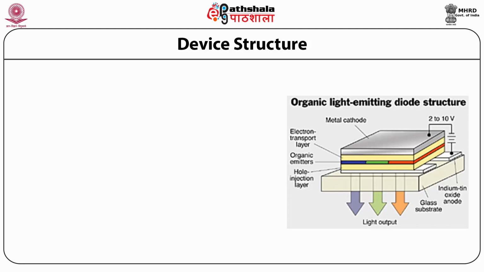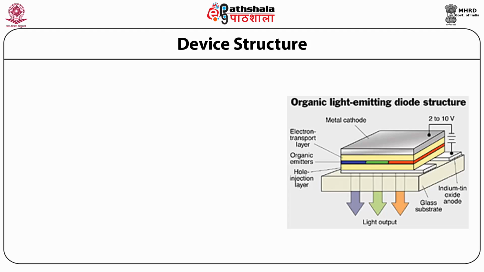The stack of organic layers typically consists of a hole injection layer to facilitate the hole injection into the emissive layer, a hole transport layer, an emissive layer, the key component, and an electron transport layer.